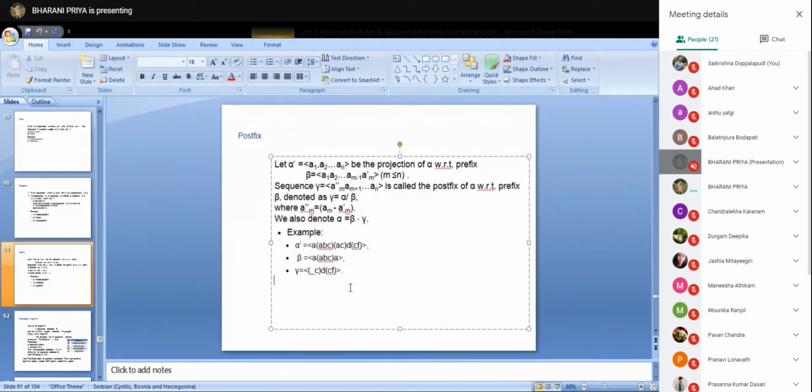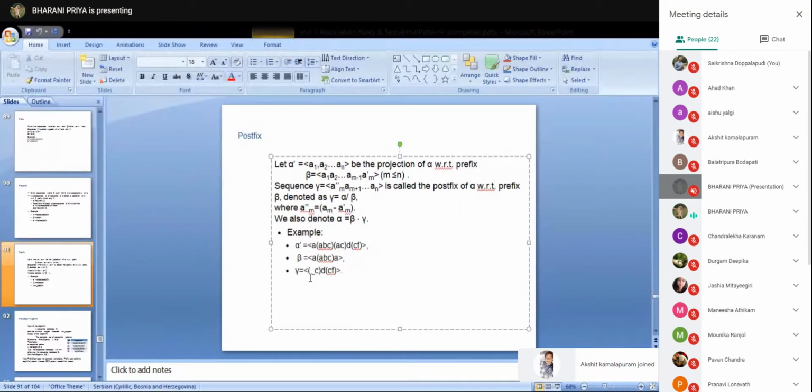Have you understood? See, in item set AC, A we have taken for prefix and C is remaining, but C is in the item set. So the remaining empty part we are representing as underscore.